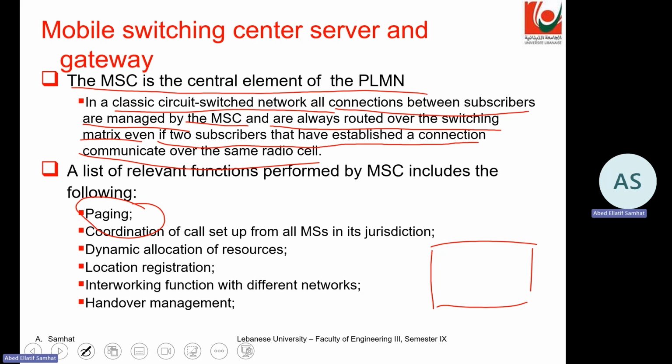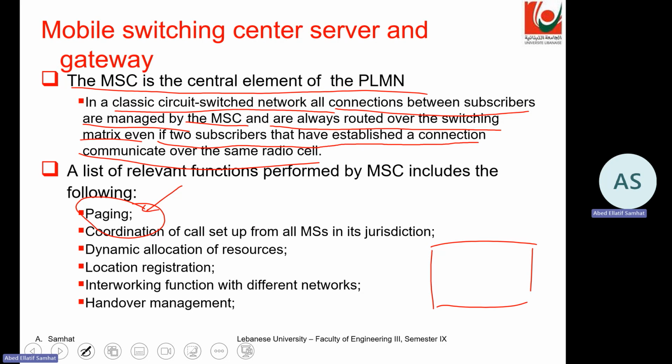So when, for example, the network receives a message or a call for a certain mobile, it will try to make a paging in order to look for this mobile device and find its area, in order to route or forward the call or the message to it. So the operation to locate the device is called paging.